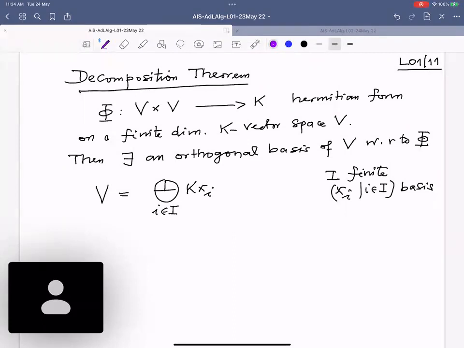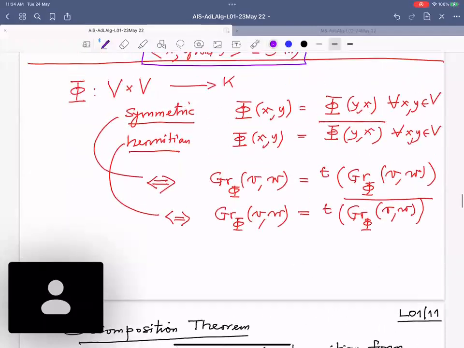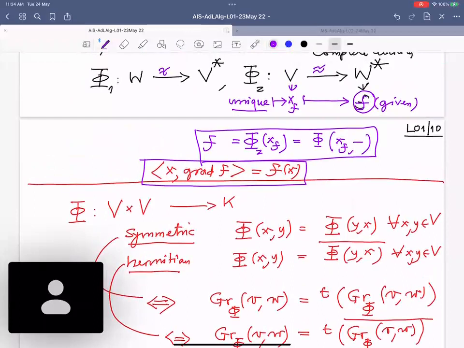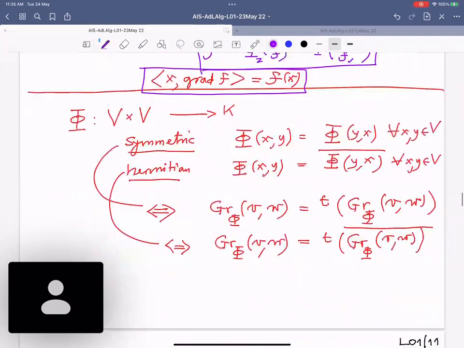And he came up with this condition and then it became these definitions. Symmetric in the real case and Hermitian in the complex case, when the involution is complex conjugation. But of course, one can also study symmetric bilinear forms on C. In that case, the involution is the identity map of C. That is what I tried to say.